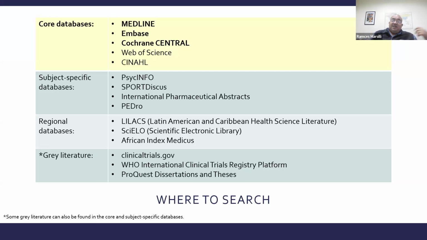So we also have subject-specific databases that you can look into. You have PsycInfo, SportDiscus, PEDro, International Pharmaceutical Abstracts. So you're going to choose from a combination of things. There are regional databases like LILACS, SciELO, African Index Medicus, or you can also search in gray literature, which is essentially anything that would not be housed on your regular databases.